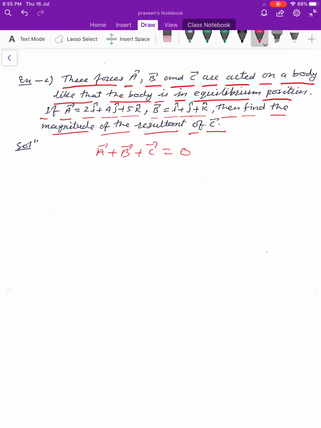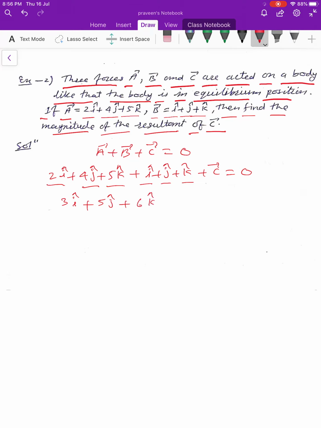So put the value of vector A and vector B: 2 i cap plus 4 j cap plus 5 k cap, and vector B i cap plus j cap plus k cap, plus vector C is equal to 0. 2 i cap plus i cap is 3 i cap, plus 4 j cap plus j cap is 5 j cap, plus 5 k cap plus k cap is 6 k cap, plus vector C is equal to 0, or vector C is equal to minus 3 i cap minus 5 j cap minus 6 k cap.